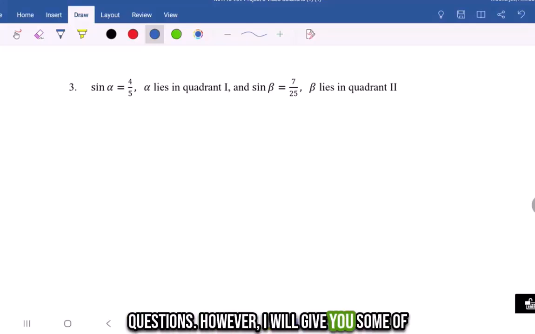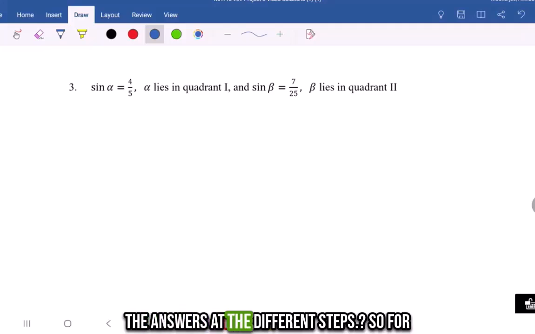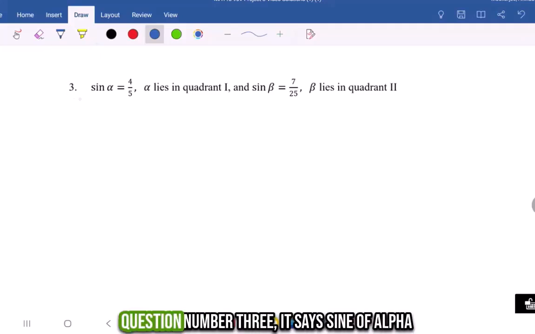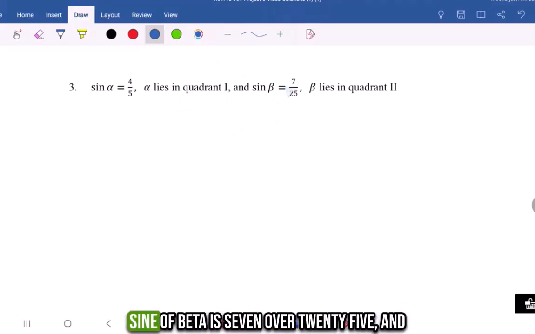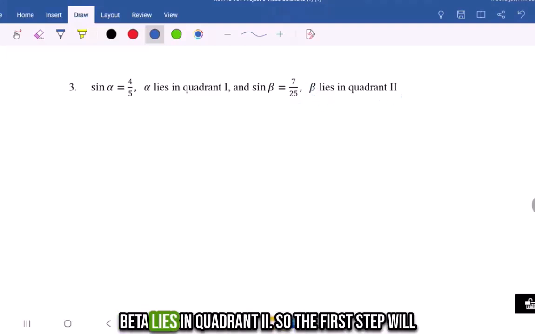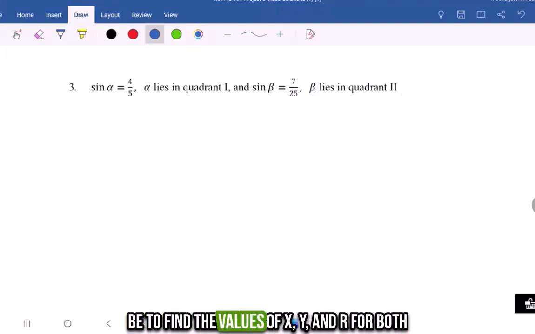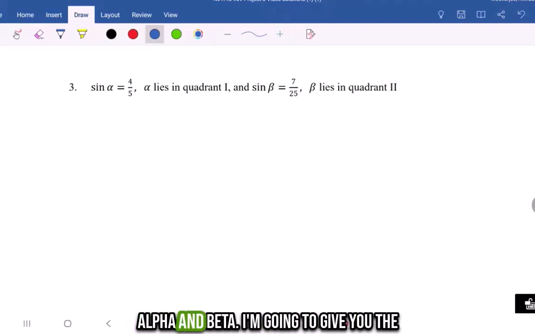However, I will give you some of the answers at the different steps. So for question number 3, it says sine of alpha equals 4/5. Alpha lies in quadrant 1. Sine of beta is 7 over 25. And beta lies in quadrant 2. So the first step will be to find the values of x, y, and r for both alpha and beta.